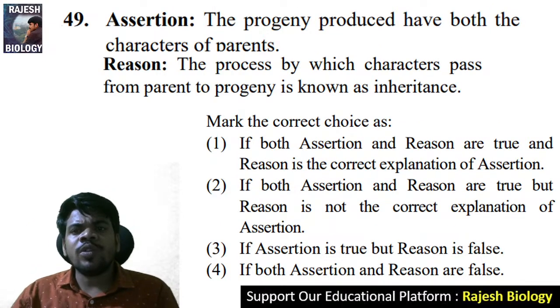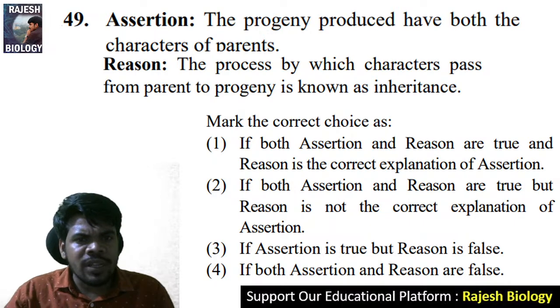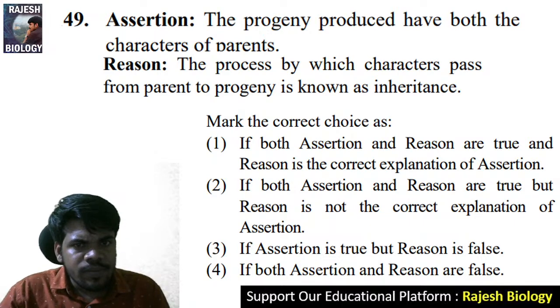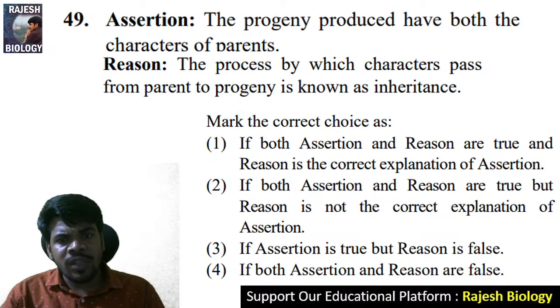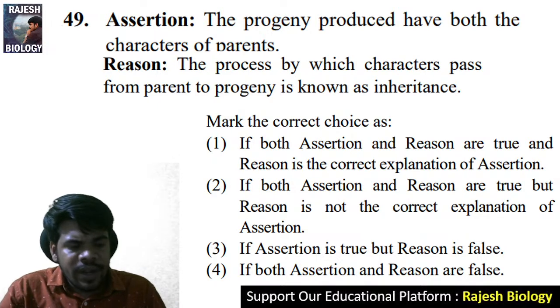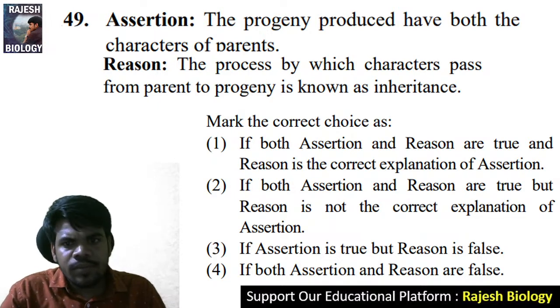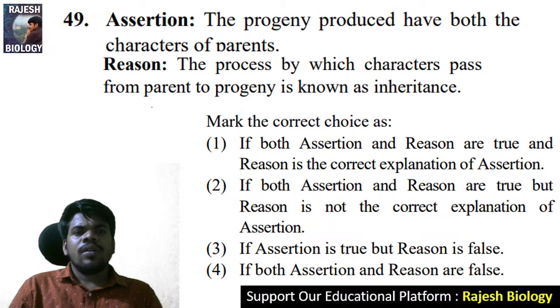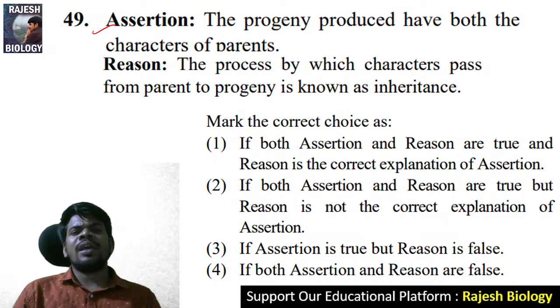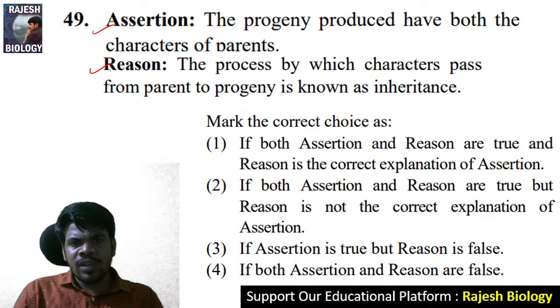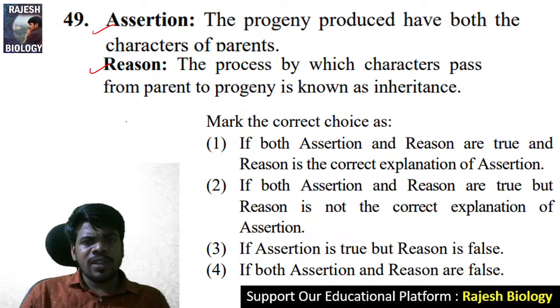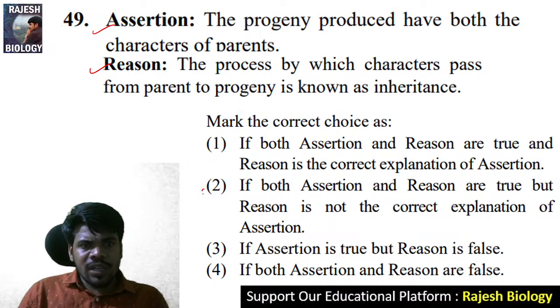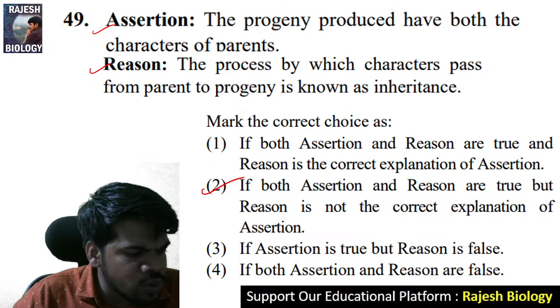Assertion: the progeny produced have both the characters of parents. Reason: the process by which the characters pass from parent to the progeny is known as inheritance. Assertion is correct, reason also correct, but it is not the correct explanation. 49, option 2.